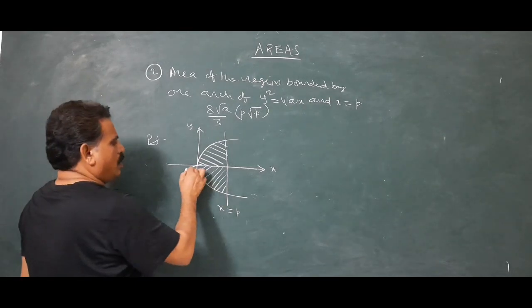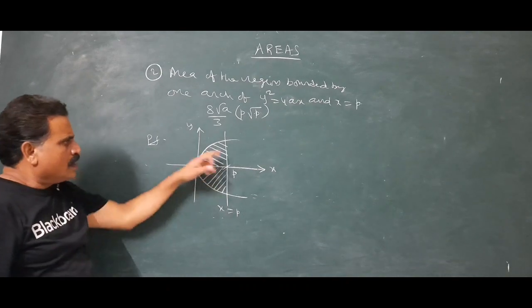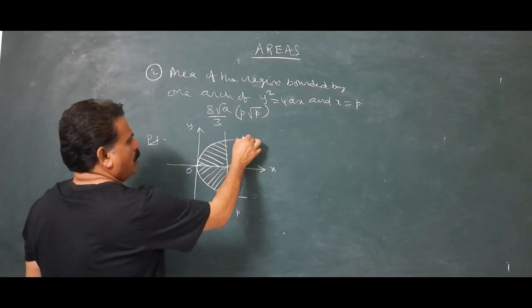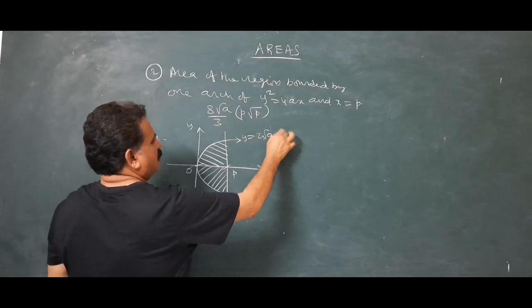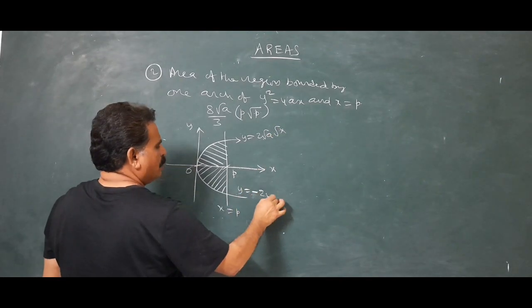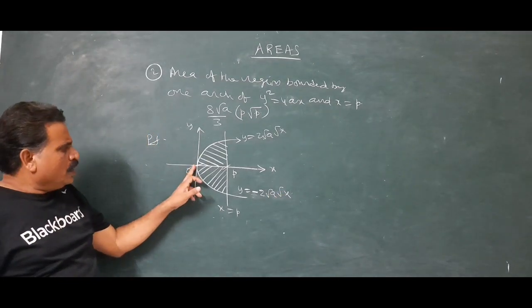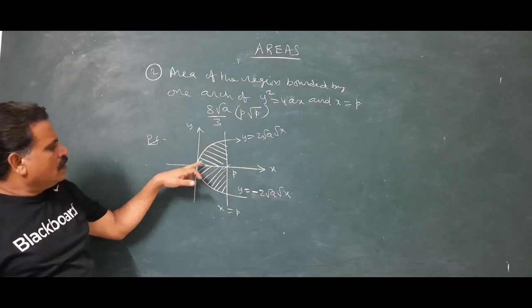Here 0. This is p, x equal to p. So 0 to p. Up curve is y equal to 2 root a root x and down curve is y equal to minus 2 root a root x. It is symmetric. So it is twice from 0 to p.